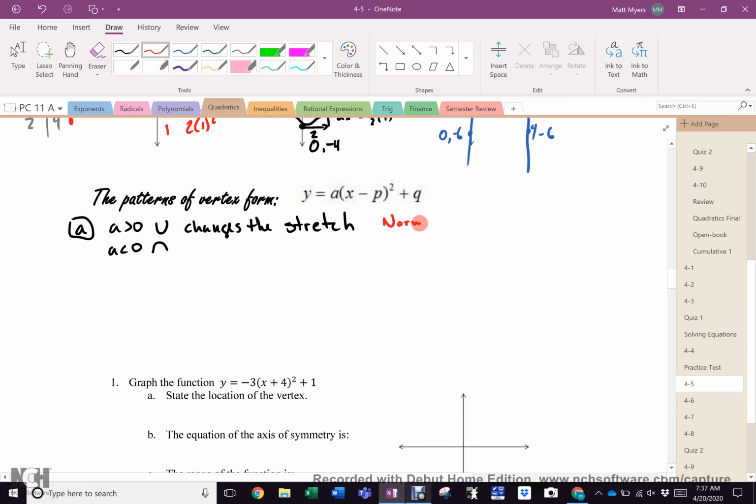Normal is over x, up or down x squared. When there's an A value involved, then it's over x and it's up or down A times x squared.